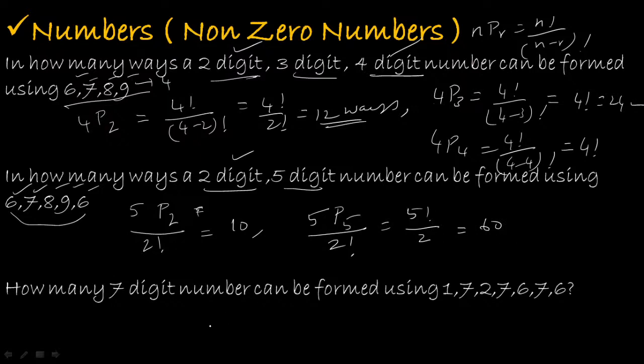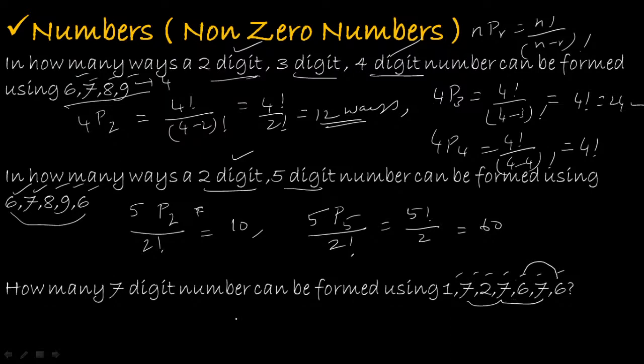Now let me move on to the last one. How many 7 digit numbers can be formed using these digits 1, 2, 3, 4, 5, 6, 7? Totally there are 7 digits here, of which 7 repeats 3 times and 6 repeats 2 times.